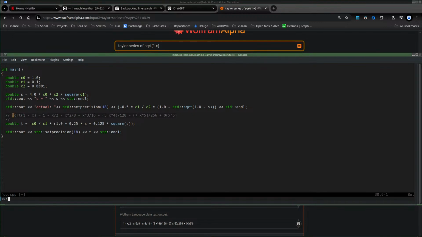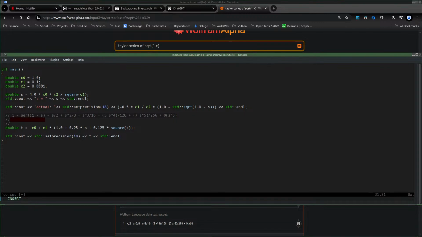And then we substitute x with s. And then we do 1 minus that. And then we multiply that with something such that, well, you just take s divided by 2 out of it, I guess.